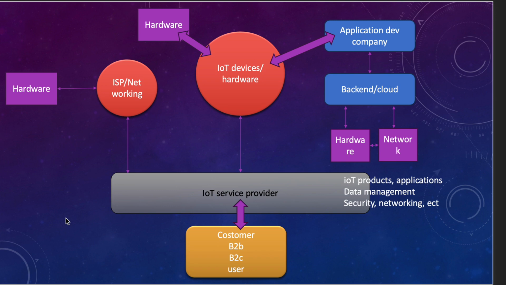If you are a service provider, you should know that these things should be there from each and every point. If you are working with the customer, we talked about the apparel company, right?